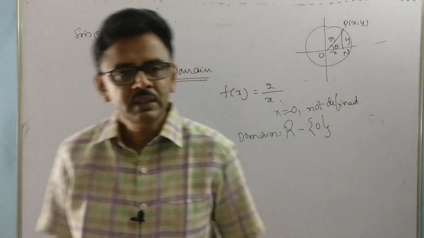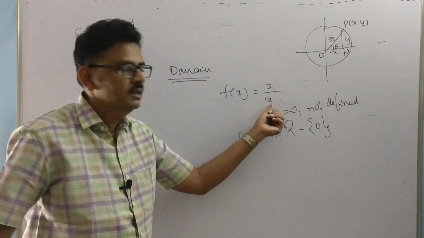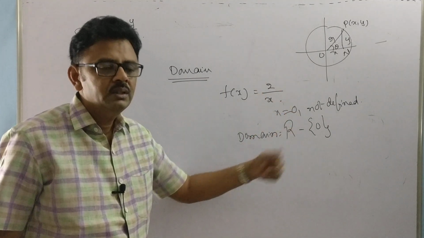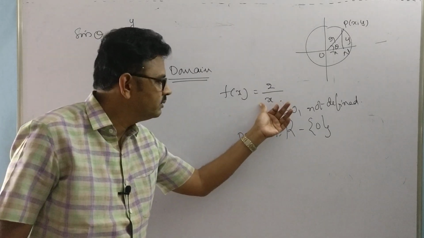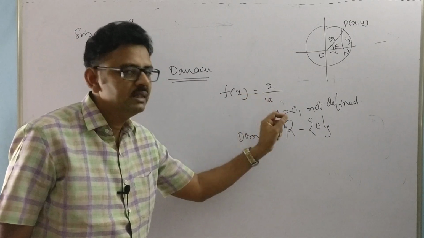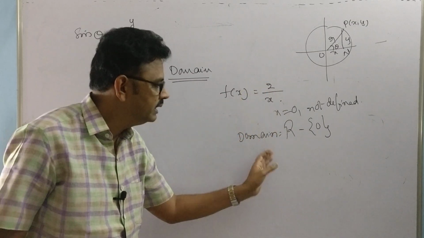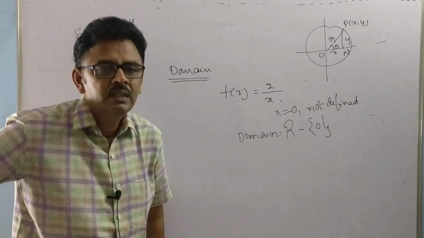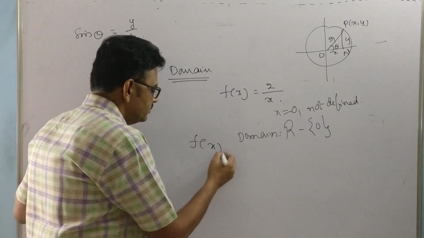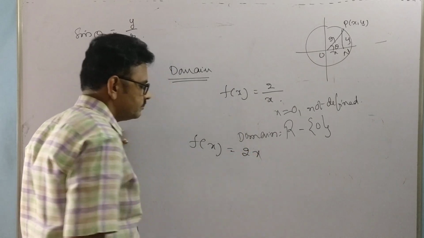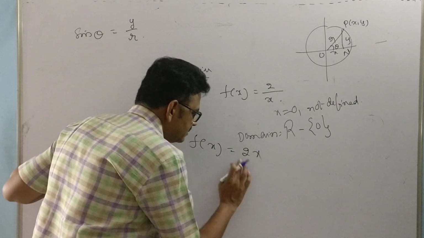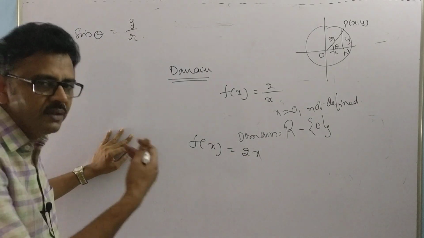Except 0, you can write any value: 0.01, 0.02, 10,000, 1 crore, 10 crores, a big number or a negative number. It is defined for all values. For x equal to 0, the function is not defined. Like this, f of x equal to 2x. What is the domain? There is no denominator, so it is defined for all values.